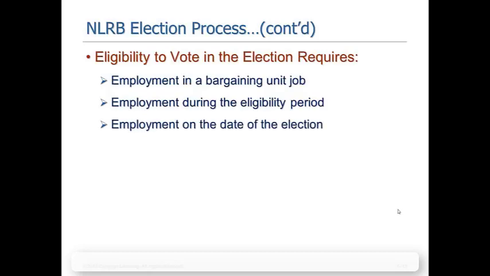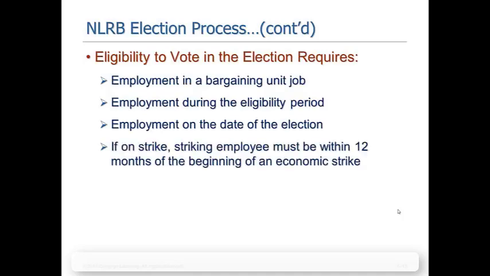And they need to be employed on the date of the election. Now, if there is a strike, striking employees can vote as long as they were employed within 12 months of the beginning of that strike.